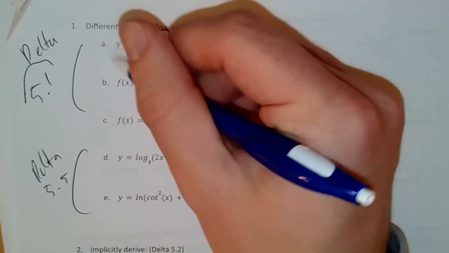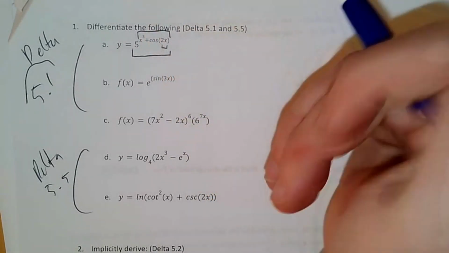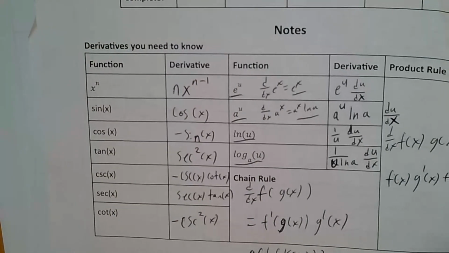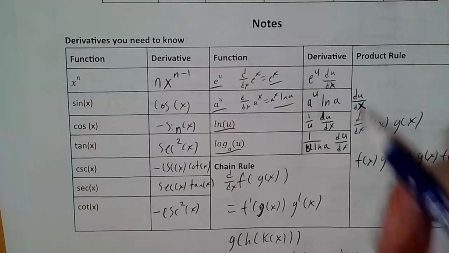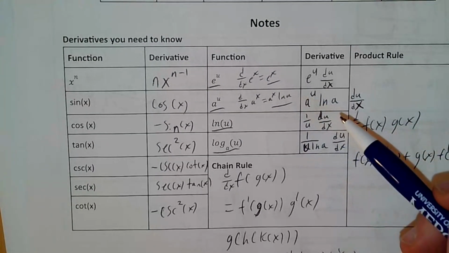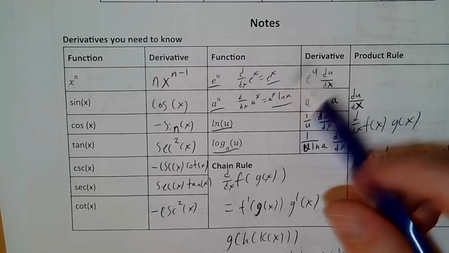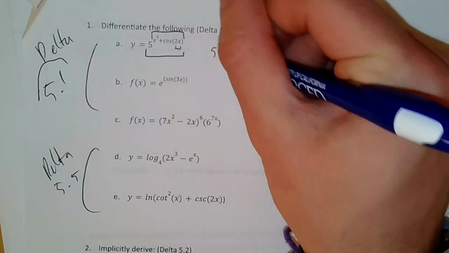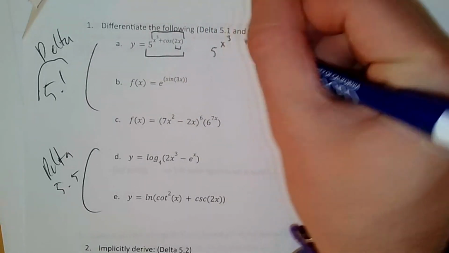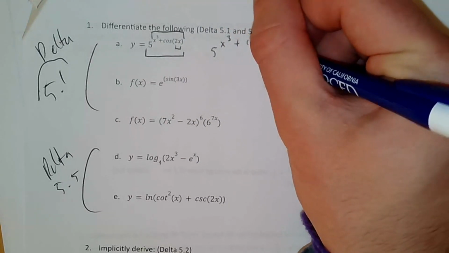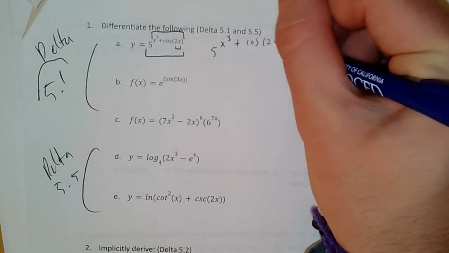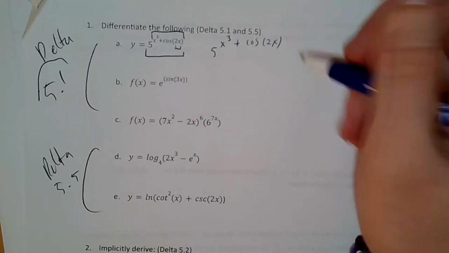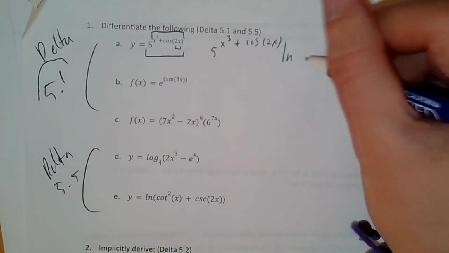We're first going to take the derivative of the outside. The derivative of a to the x, or a to the u as I gave here, is a to the x ln a, the chain rule version. So the derivative of the outside is just 5 to the x cubed plus cosine 2x, times ln 5.